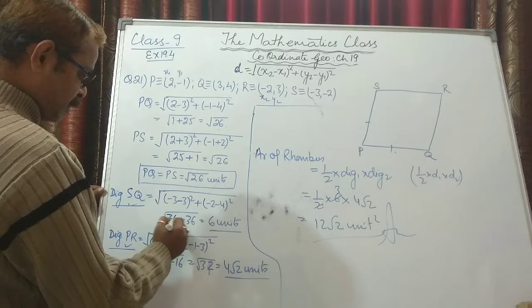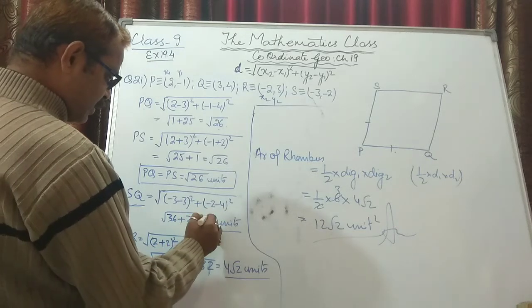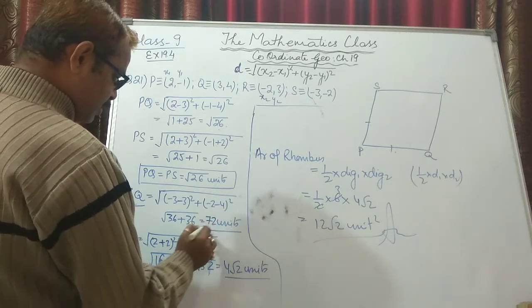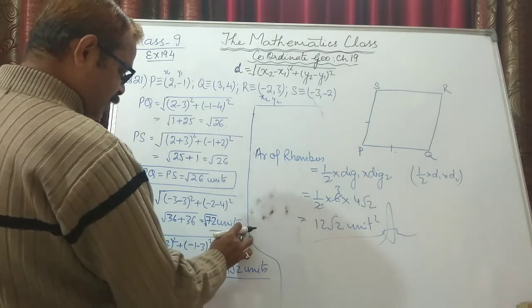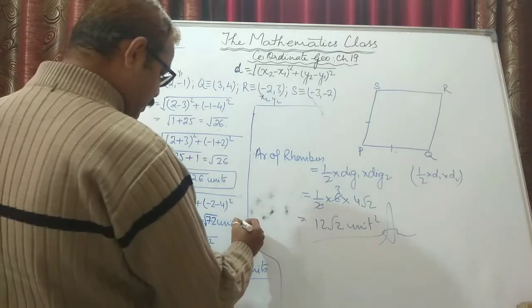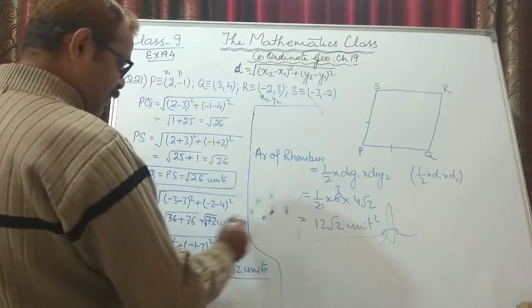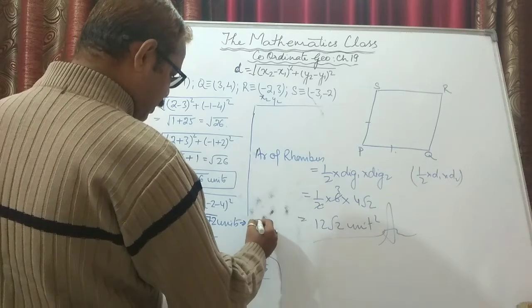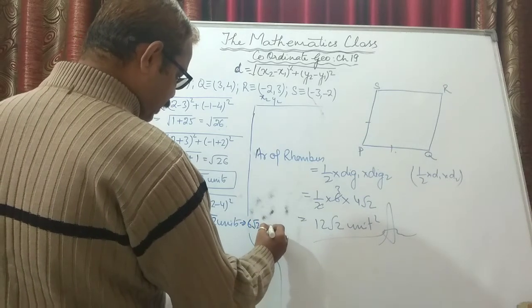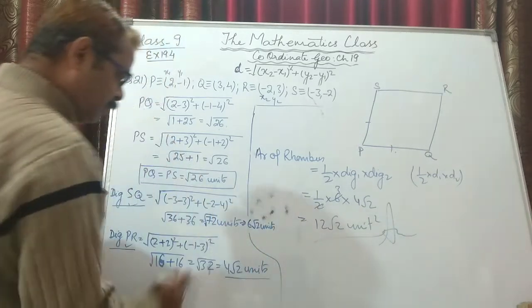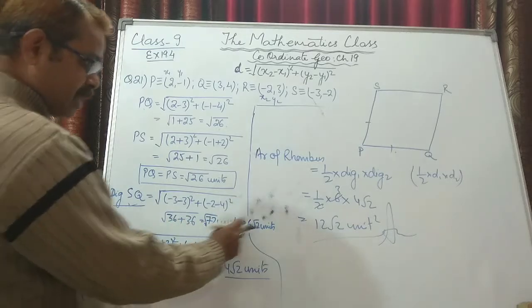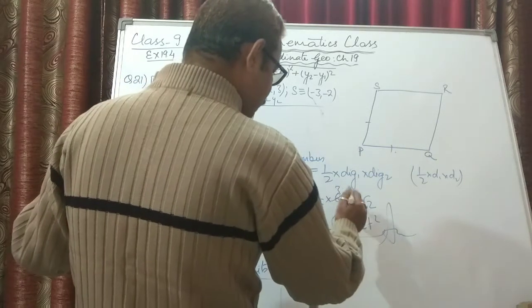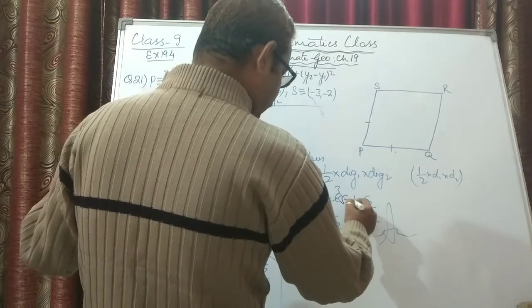So 36 plus 36 is 72 units in root. Now 72 units in root, 36 twos are 72. So this can be written as 6 under root 2 units. Now instead of 6 I have to write 6 root 2 units.